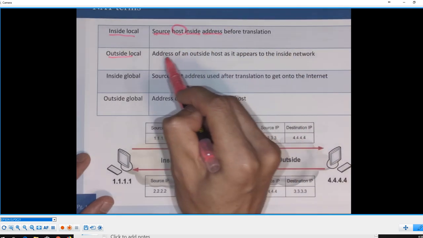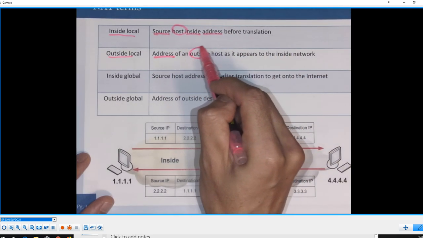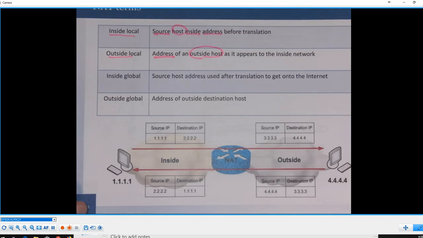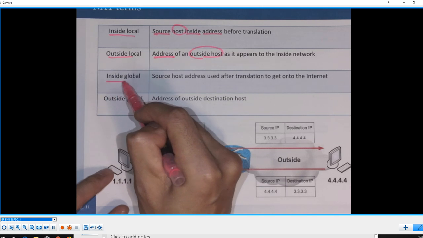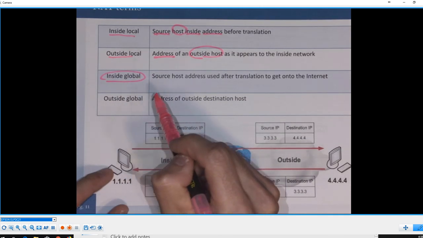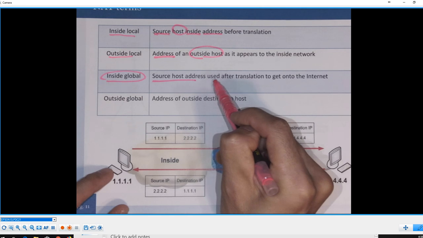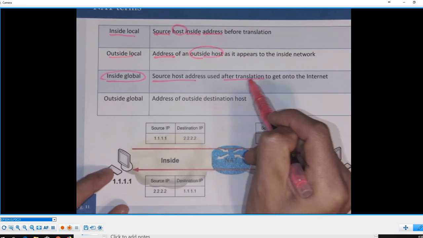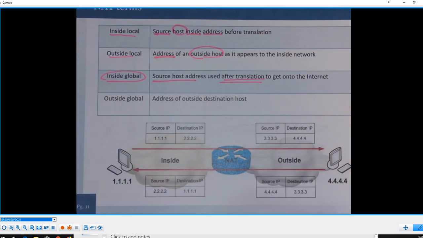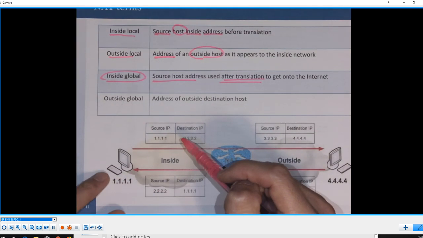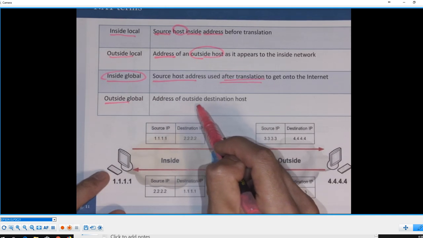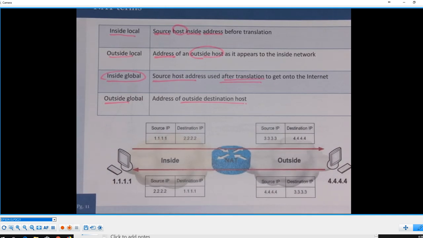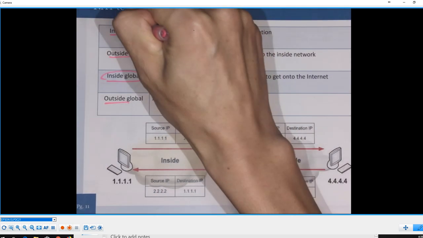So the important thing is the address of what? Outside host, as it appears to the inside network. And inside global, right, it's what? Source host address used after translation. So this is important. After translation to get onto the internet. And outside global means what? Address of the outside destination host. Okay. So I want you to know these terms.